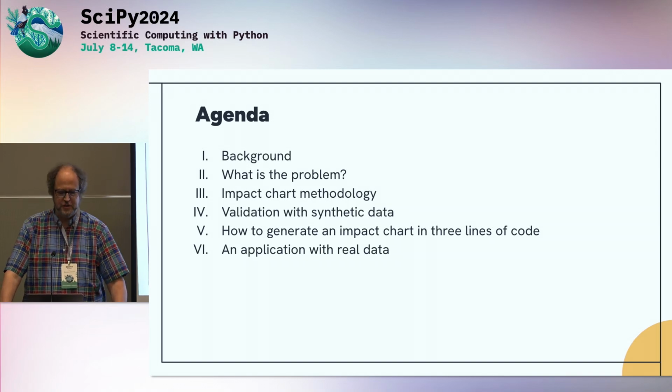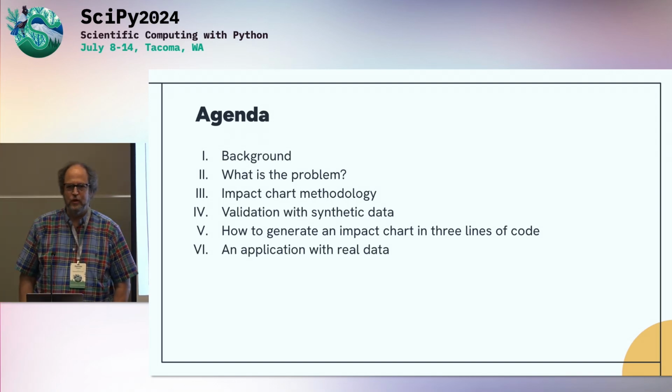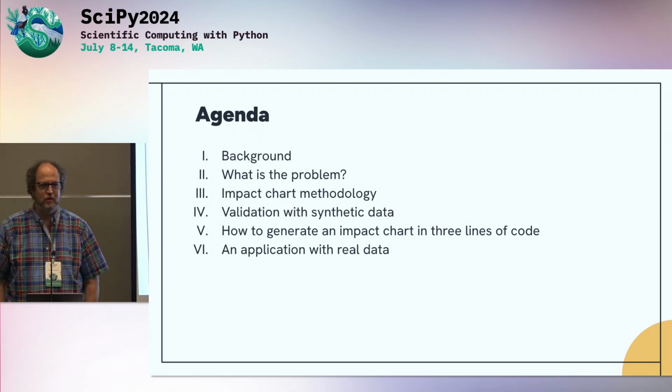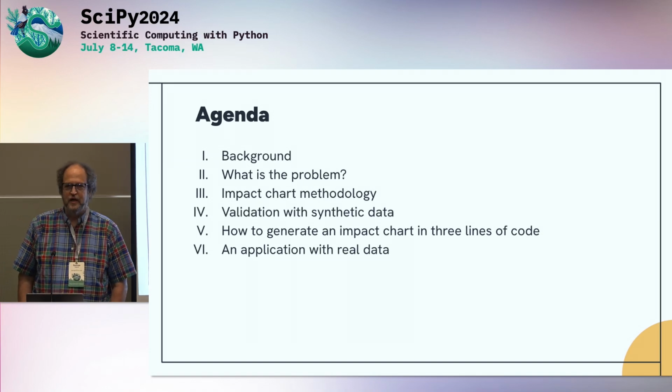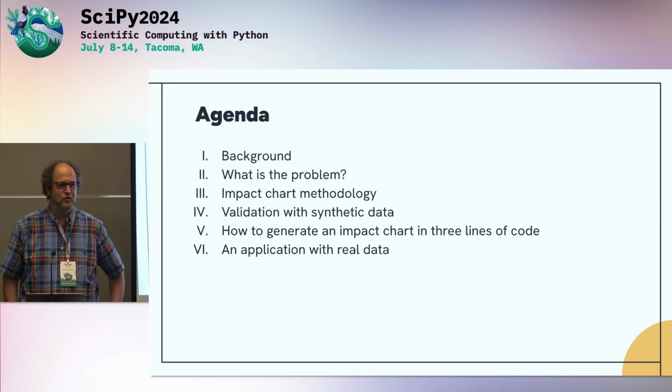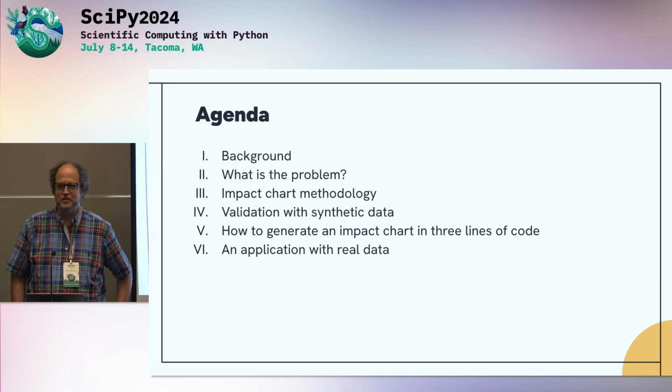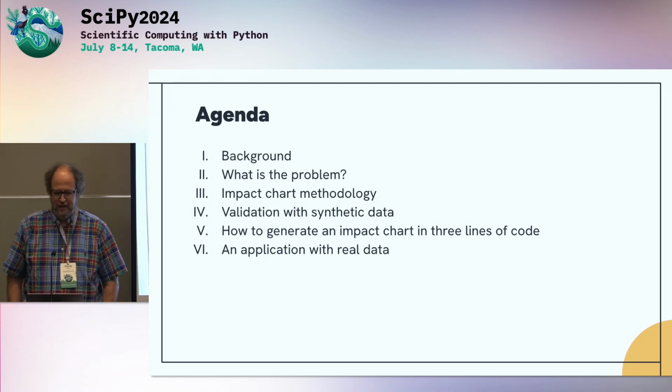So just a quick agenda. I'm going to give you a real brief background, talk about what the problem is that we're trying to solve, go through the methodology behind impact charts, show you some validation with synthetic data, demonstrate that we can find Easter eggs that we plant in data.